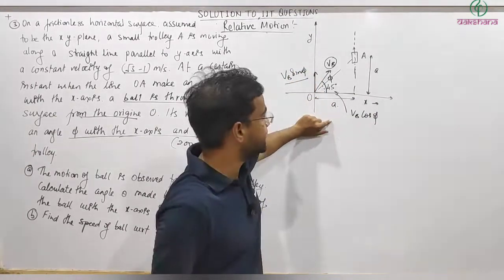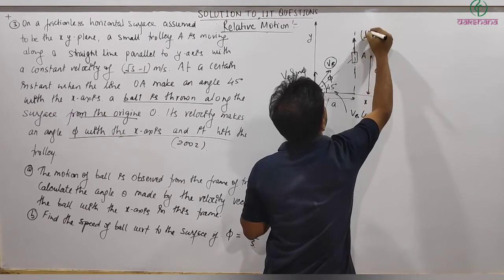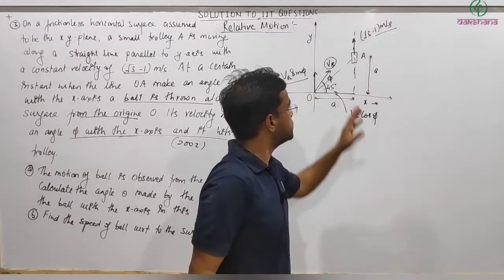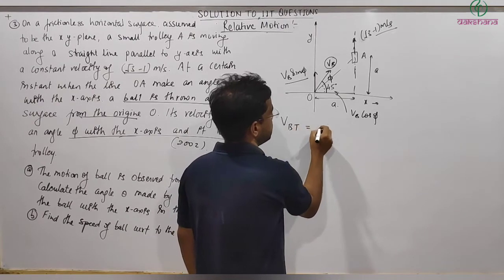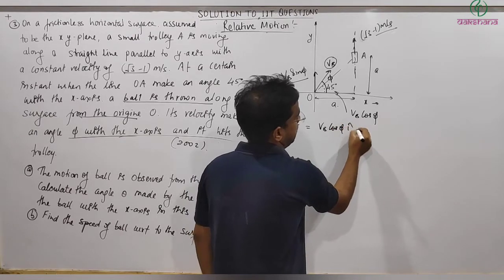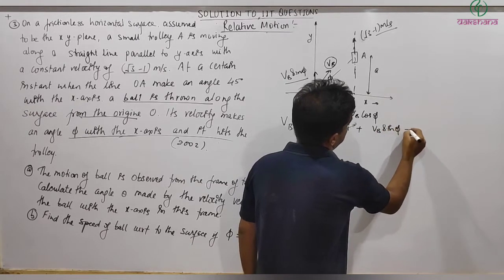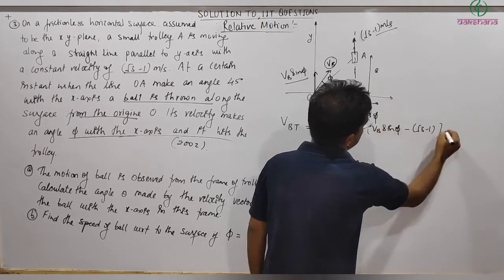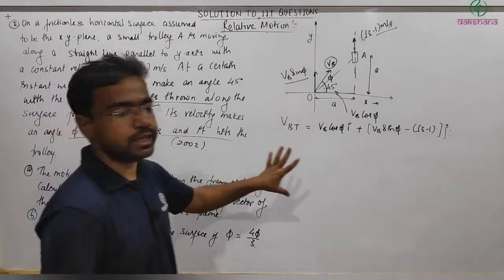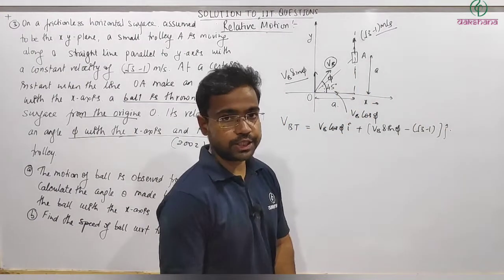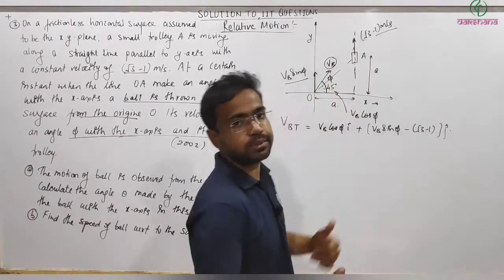The trolley's velocity is only along y, √3 minus 1 meter per second, so its velocity along the x-axis is 0. So the velocity of the ball with respect to the trolley is VB cos phi along the x-axis plus (VB sin phi minus (√3 minus 1)) along the y-axis. Initially there is a separation, and the ball finally hits the trolley, so this separation must be covered by the time the ball hits the trolley.